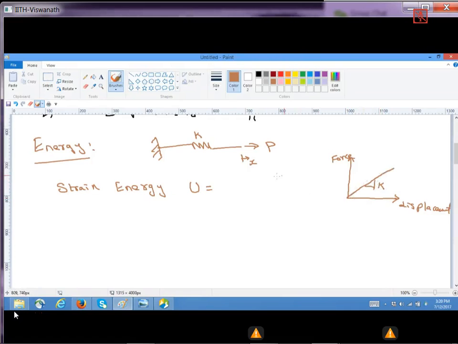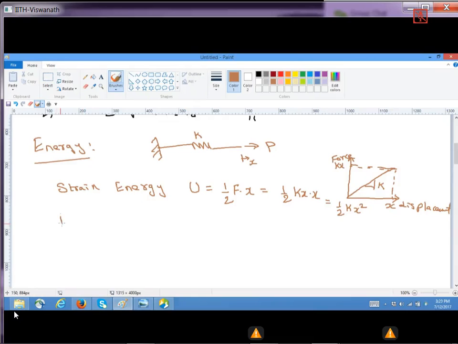The area under this will give you the strain energy. This value is k times x for a given displacement x. So the area of the triangle is 1/2 times force into displacement, that is 1/2 kx times x, that is 1/2 kx squared, which is your strain energy.